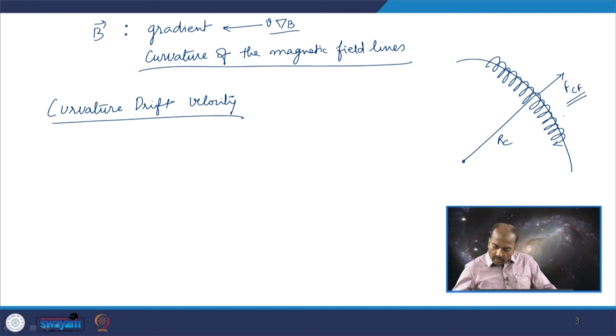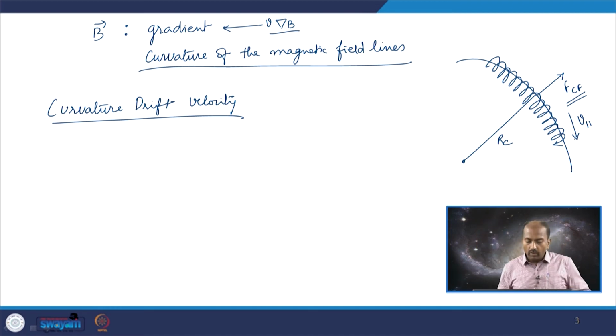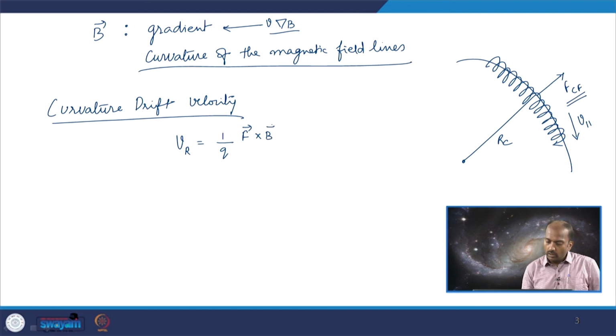Now, the particle's velocity parallel to the curved magnetic field lines is taken as v parallel. Now, the curvature drift velocity is again F cross B by B square.